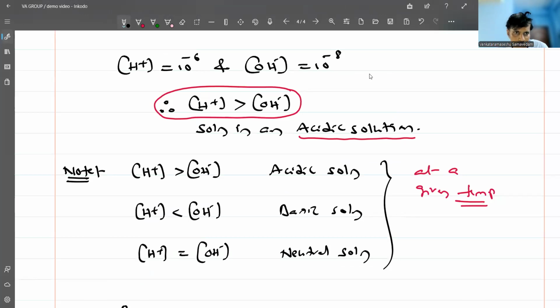So thank you for listening. And if any particular conceptual doubts are there, we have to read all the points from the beginning. So here I started ionic product of water directly instead of saying strong electrolytes and weak electrolytes. That is why I started with the strong electrolytes and weak electrolytes.